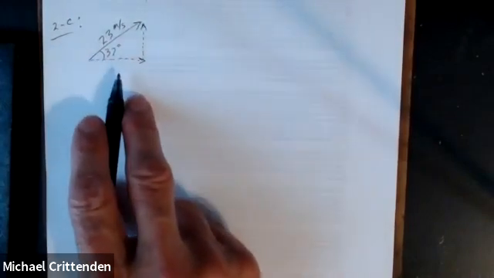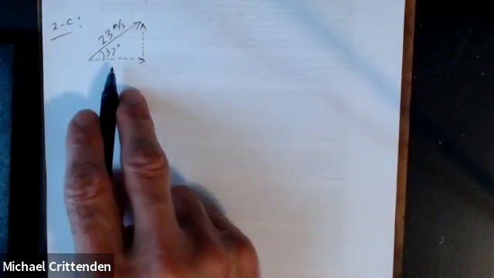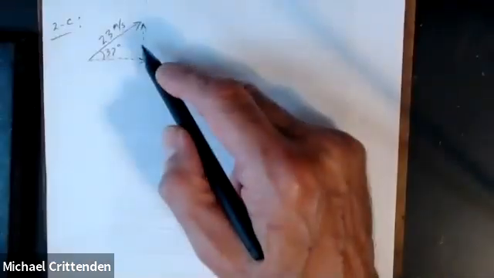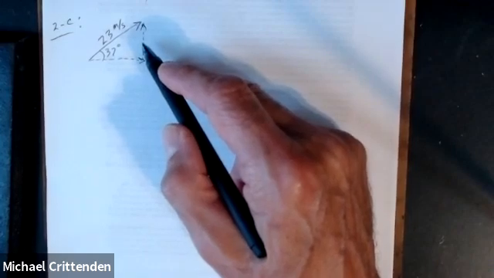Anyhow, just like the example I had you do before the break, this side of the triangle, the adjacent side, is the hypotenuse times the cosine. You use cosine to get the adjacent side because cosine is adjacent over hypotenuse. You use sine to get the opposite side because sine is opposite over hypotenuse.